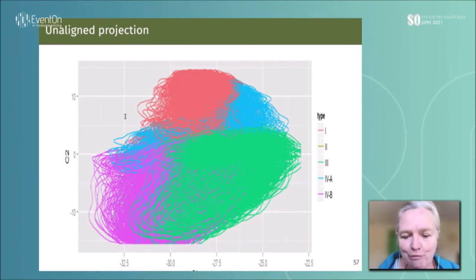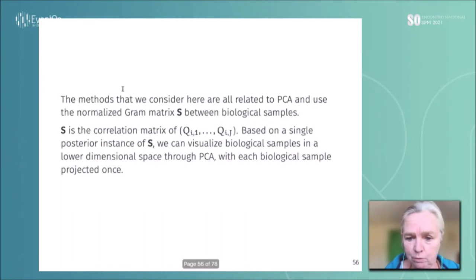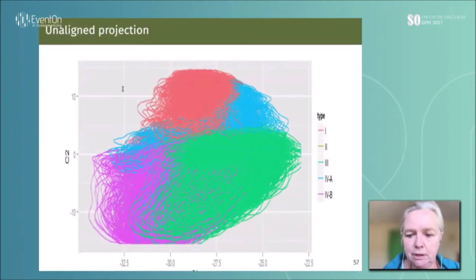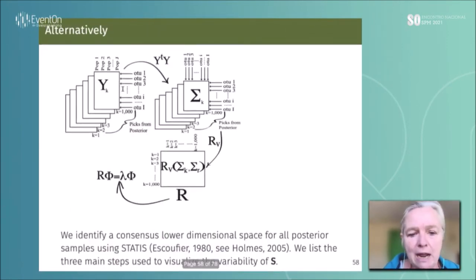So this is the first plot that we made when we created a posterior distribution for a given data set. And we had actually 5 different types. And we were trying to get projections of those 5 types. And then again, this is exactly the same problem I talked about before. We have to do registration. That is, you have to register the data so that you have a consensus space, a compromise, where everything is the same relative.